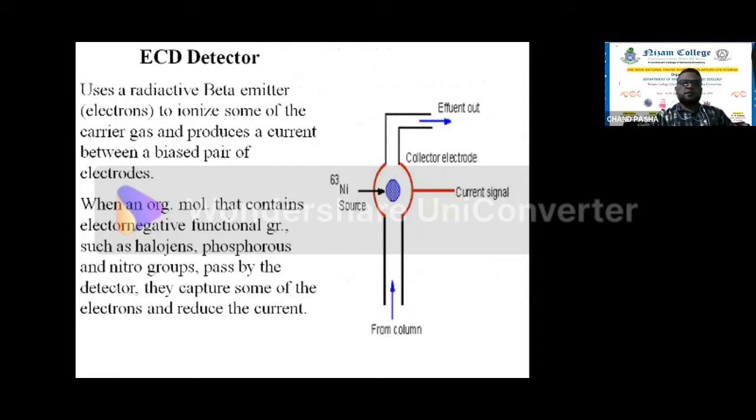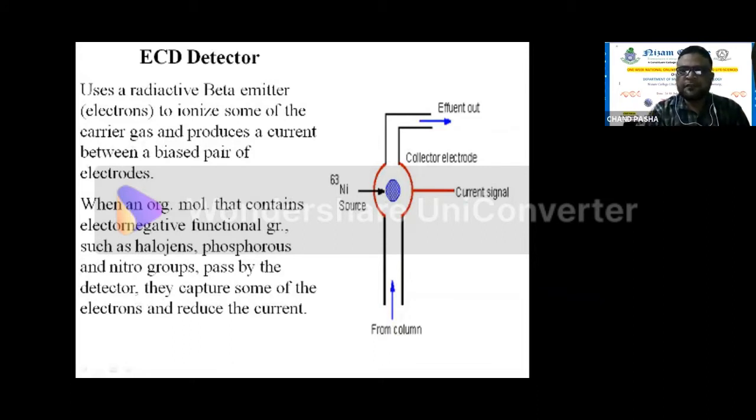This electron capture detector: whenever the molecule is eluted from the column, it will pass through a cell where electron beams are continuously passing. Normally, if it is not a polar one, the voltage will be the same.